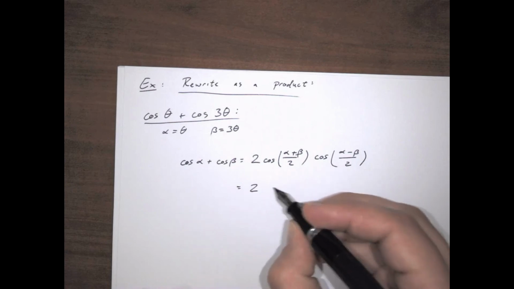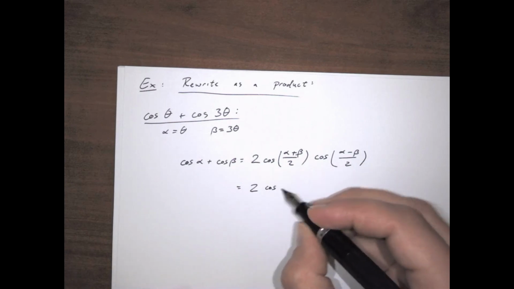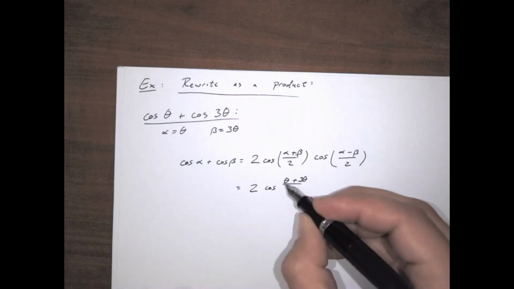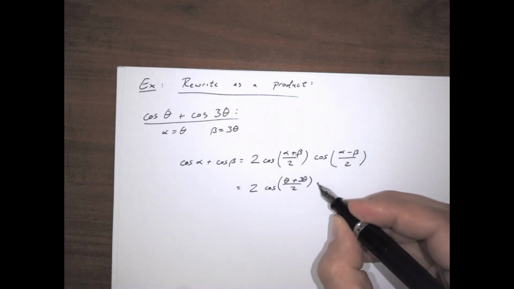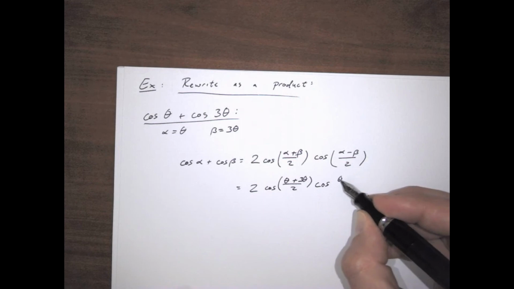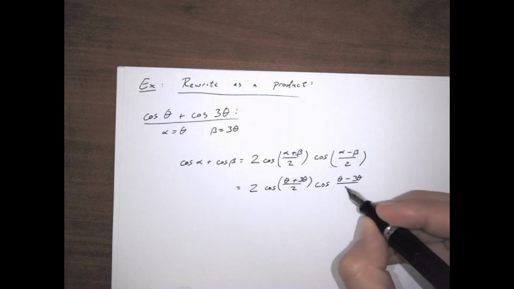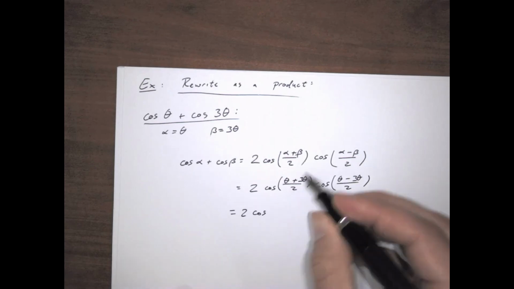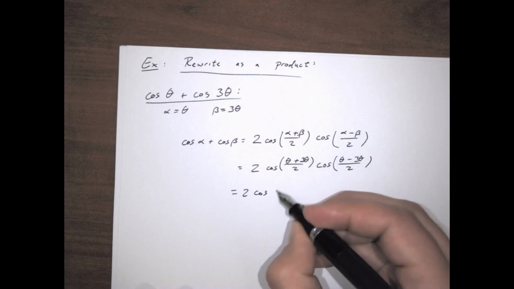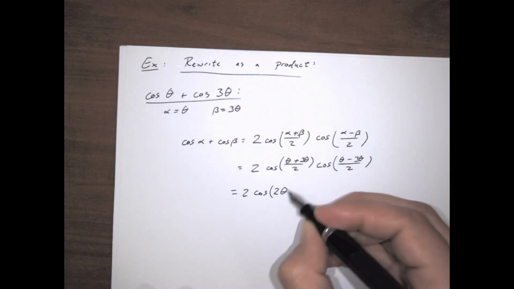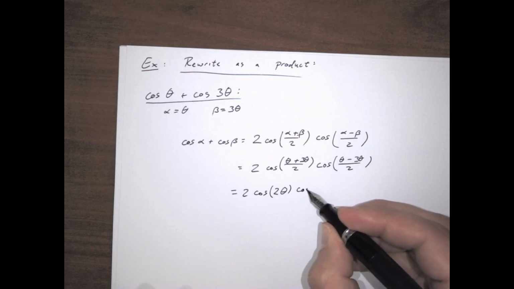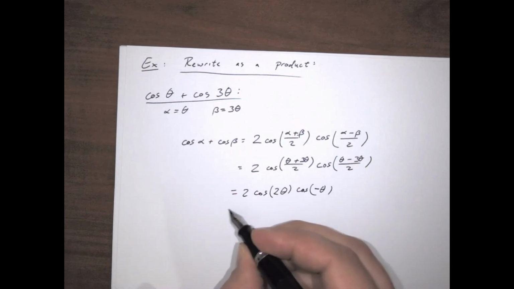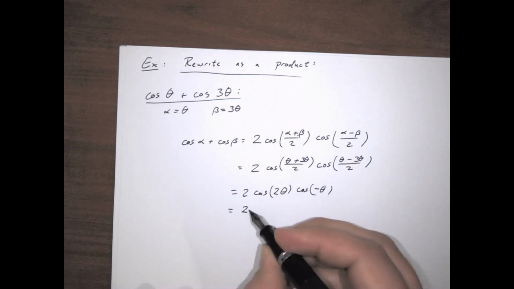Which is equal to 2 times cosine of theta plus 3 theta over 2, cosine of theta minus 3 theta over 2, is equal to 2 cosine, and then here we have 4 theta divided by 2 is 2 theta, and cosine, we have negative 2 theta over 2 is negative theta, and so again cosine is even.